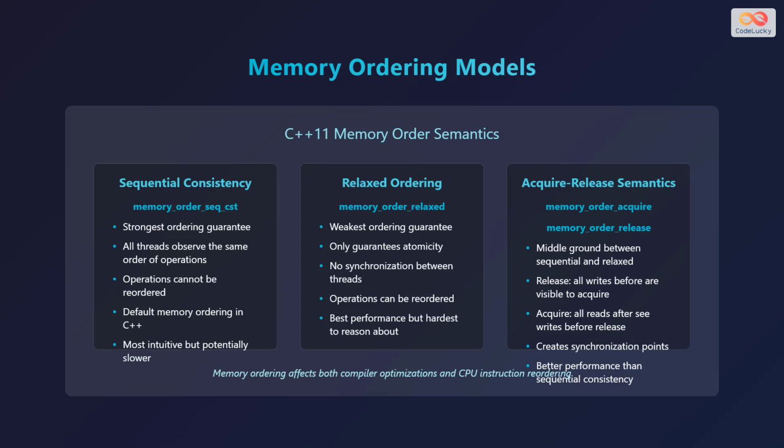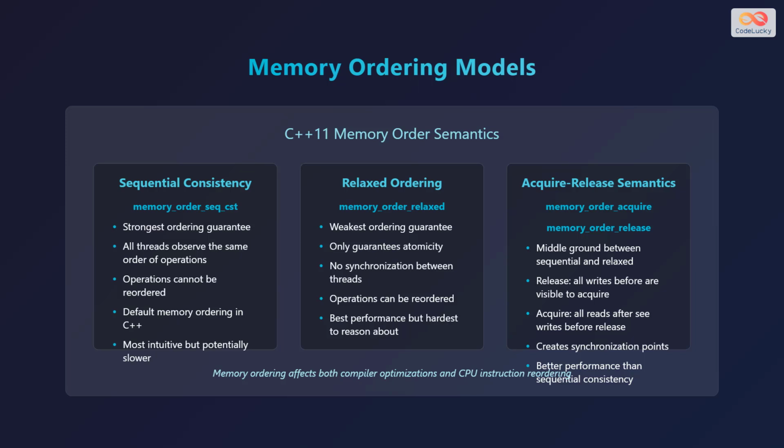It ensures all threads observe the same order of operations, and operations cannot be reordered. This is the default memory ordering in C++, and is the most intuitive, but can be slower compared to other options.